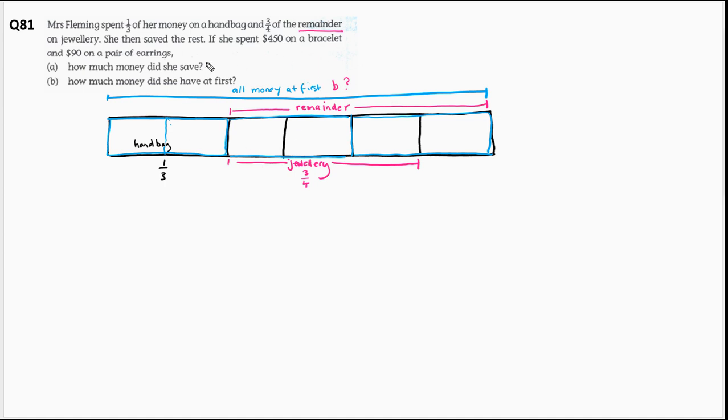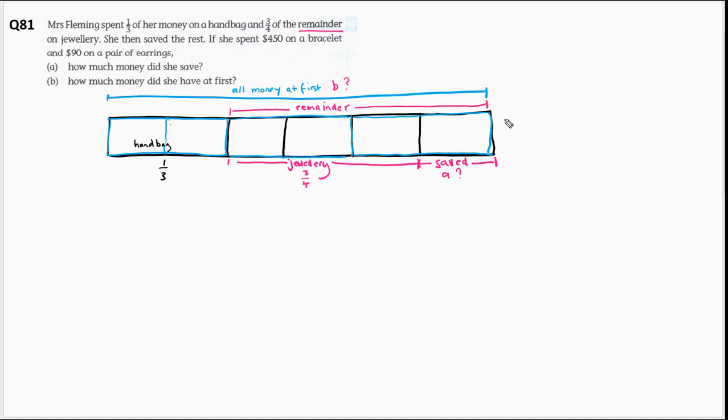And then she saved the rest, which means this bit here is the bit that she saved. And in fact, here is question A: how much money did she save? So this is question A.